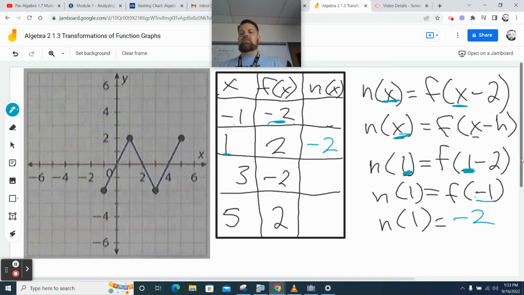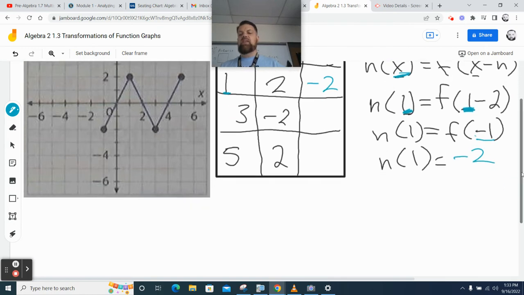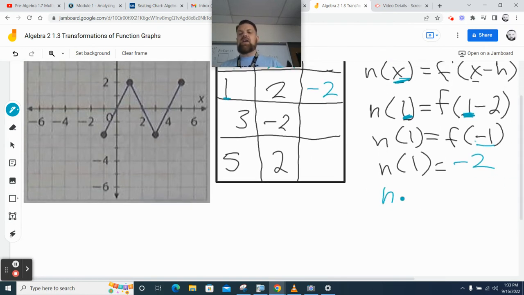Let's do another one in case you're really confused. So let's evaluate n of 3. So n of 3 has the same value as f of 3 minus 2, or f of, what's 3 minus 2? 1.